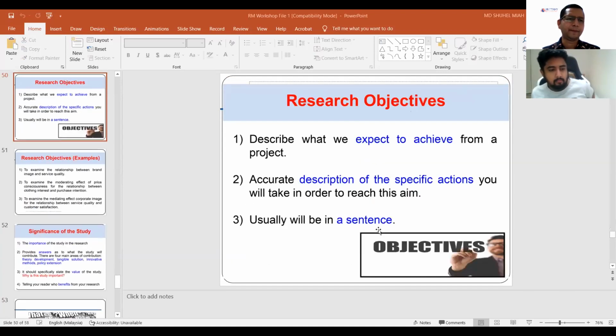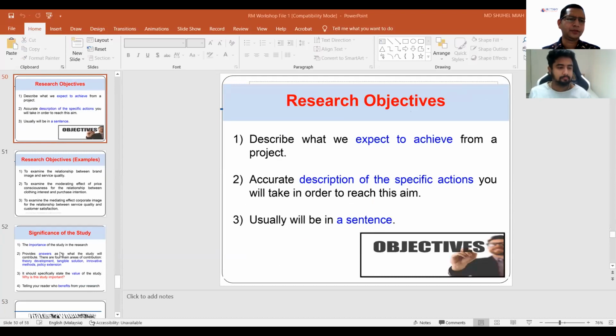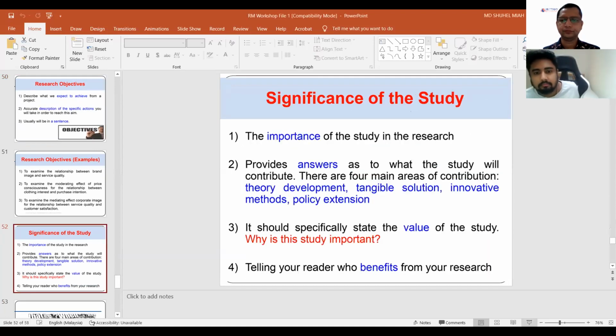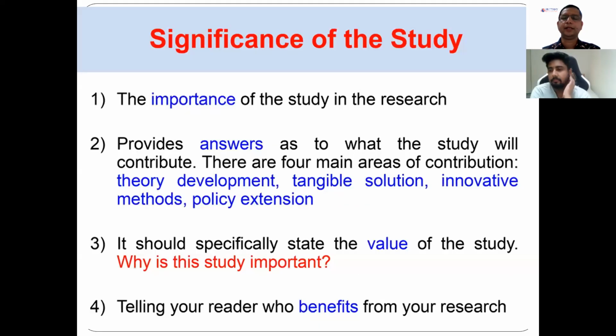what we call significance of the study. Now, in this part, you need to give a brief description of your research, why it is important, the importance of the study. You need to answer what the study will contribute.